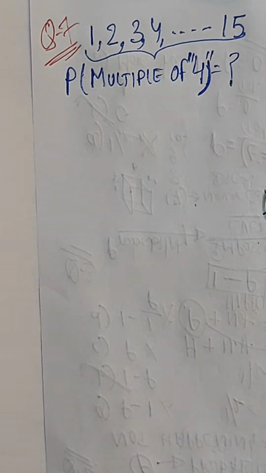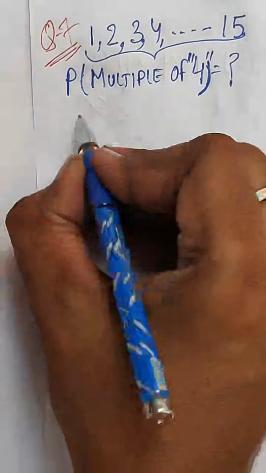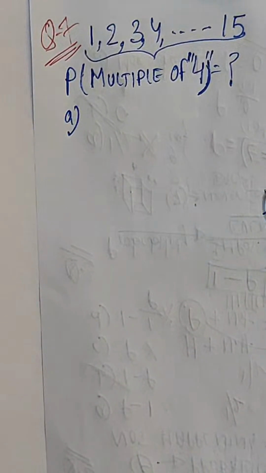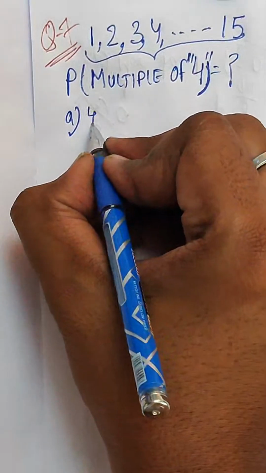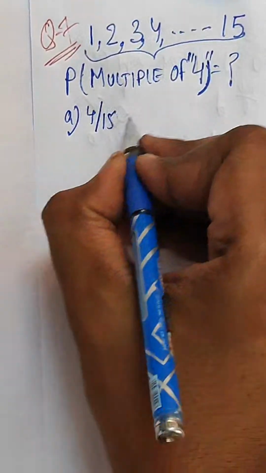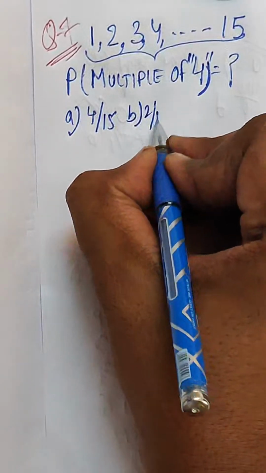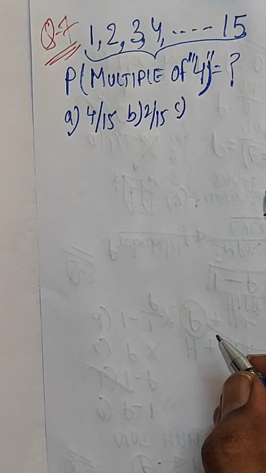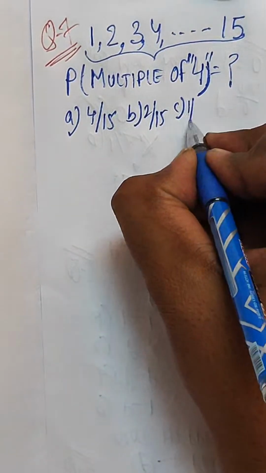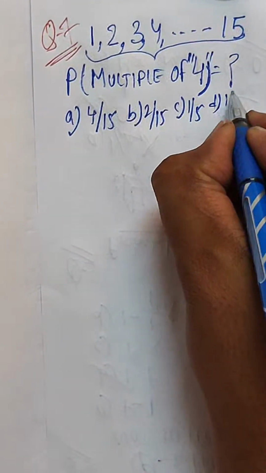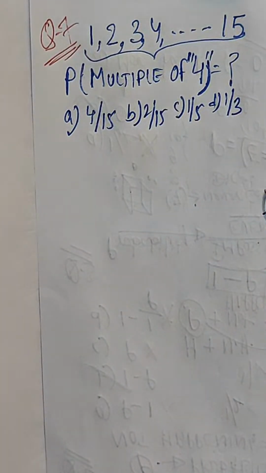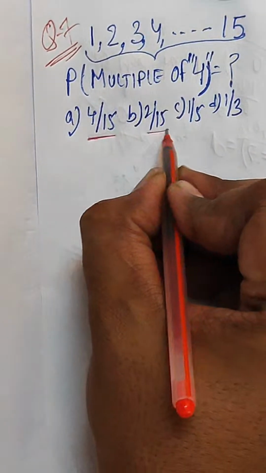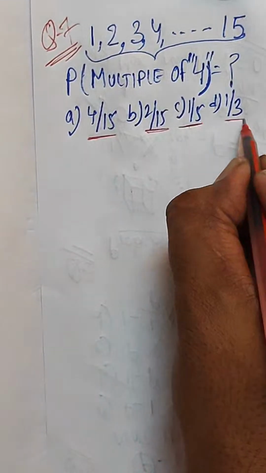This is the question, and the options given to us are 4 by 15, 2 by 15, 1 by 5 or 1 by 3. So which of these options is correct? 4 by 15, 2 by 15, 1 by 5 or 1 by 3.